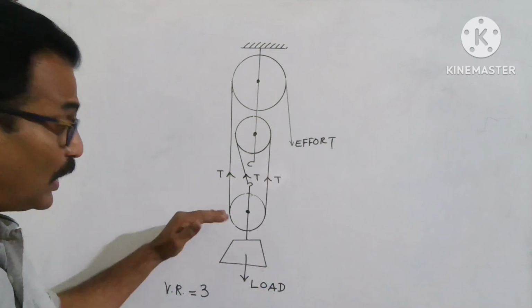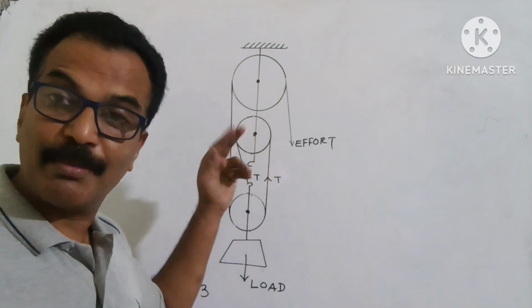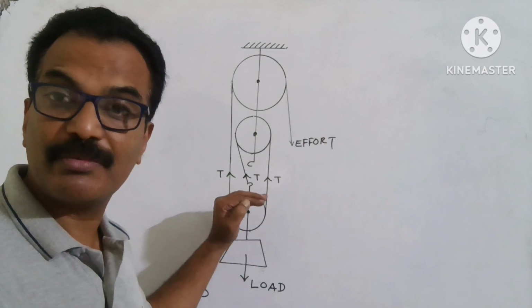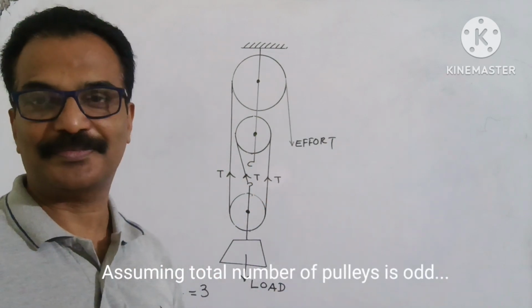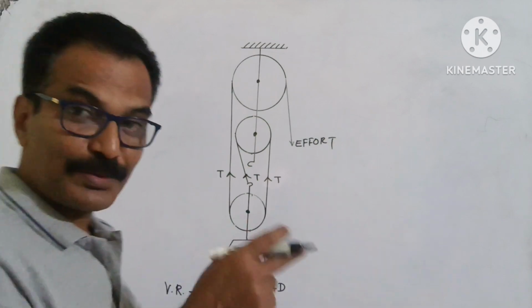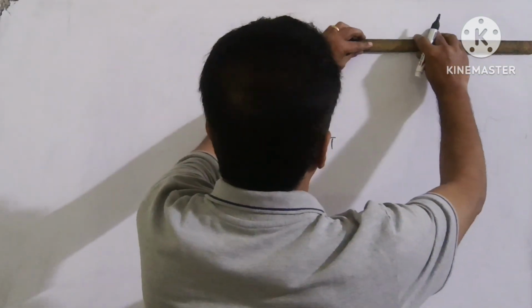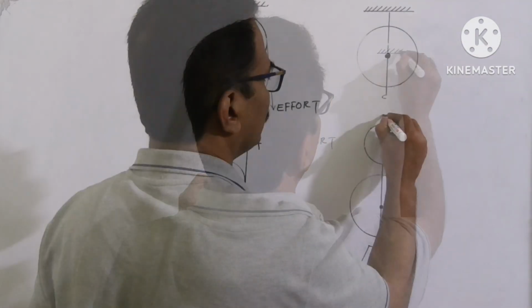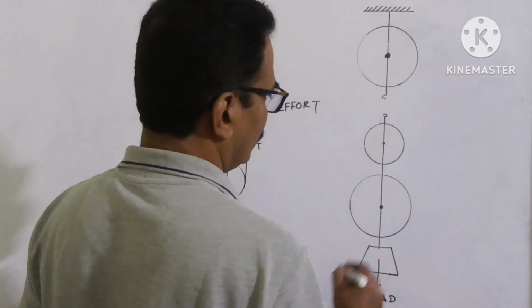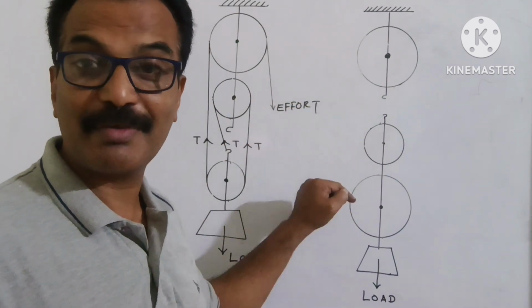So if you wish to apply effort in the upward direction, the number of pulleys in the lower block must be one more than the number of pulleys in the upper block. I will draw another diagram for that. The number of pulleys in the lower block is one more than the number of pulleys in the upper block.